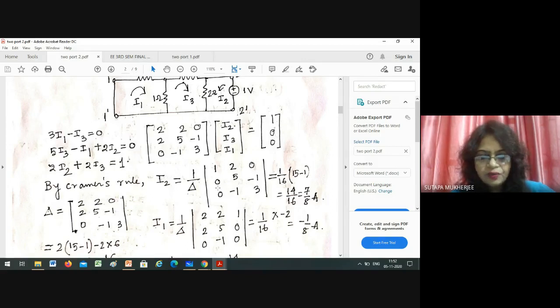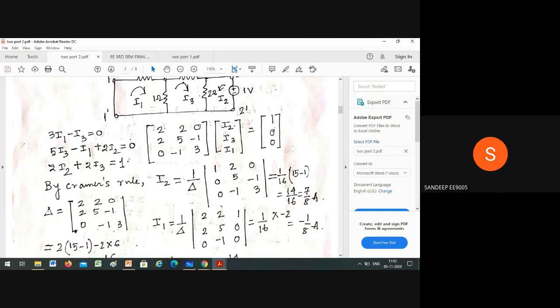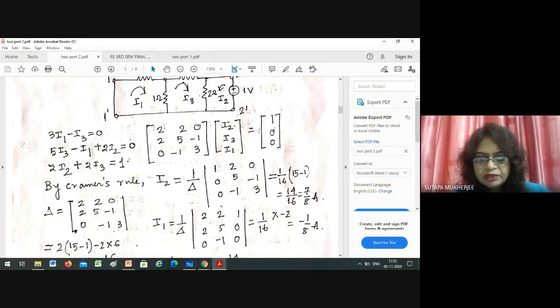So 1, 0, 0 will be here, and 2, 5, minus 1, 0, minus 1, 3. Is it clear? This is the method. If you want to get the value of I2, you have to put in the first column, because it is in the first one, that will be replaced by the right hand side, right? Yes, ma'am.